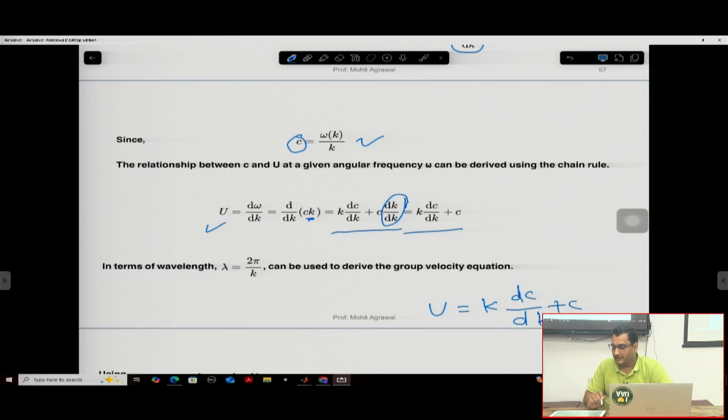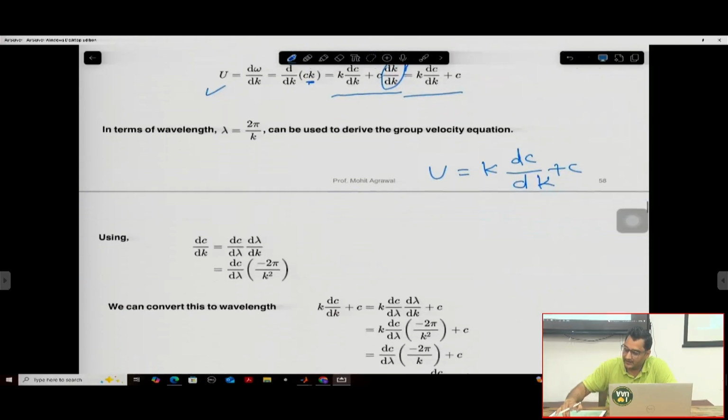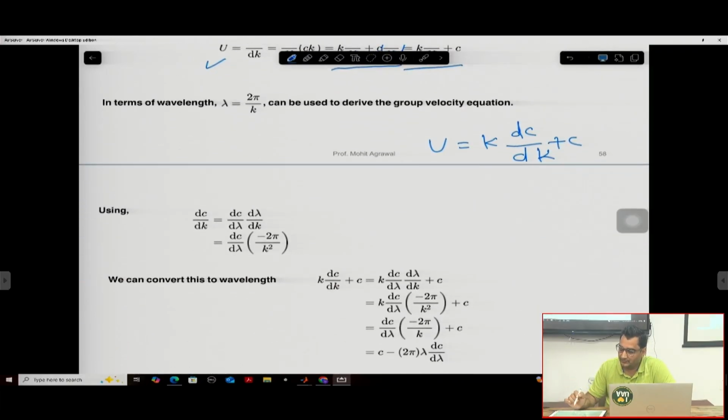And if you want to develop the relationship in terms of lambda and the group velocity, you can do the operation further. For example, for dc by dk, you can multiply the numerator and denominator by d lambda, so it will be dc times d lambda divided by d lambda times dk.